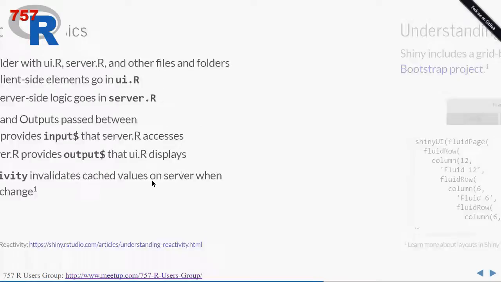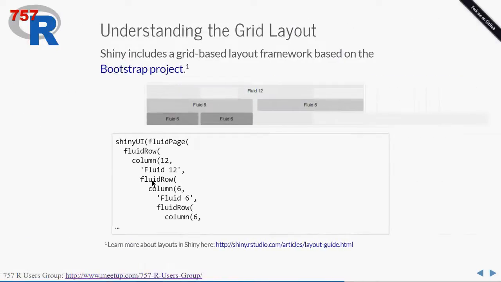So that's the basics. So I'll go back to talking about how to format your app. Shiny is based on a grid layout from the Bootstrap project. So this function called fluidPage takes fluidRows and columns and things like that.